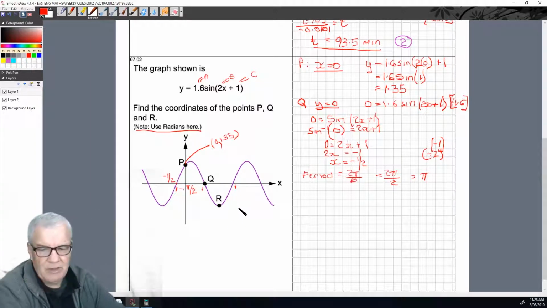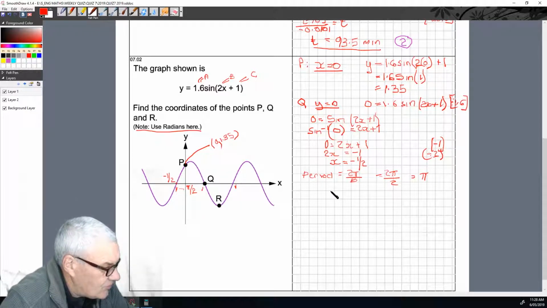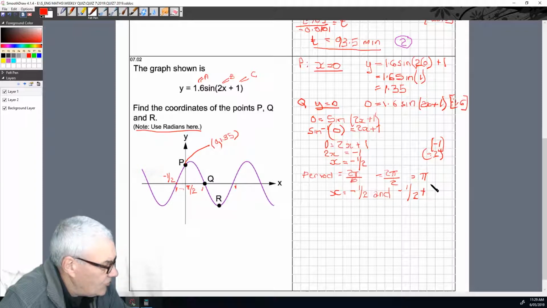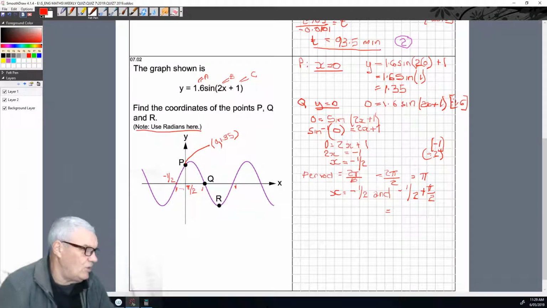So we must add that on. So x can equal -0.5 plus pi by 2.